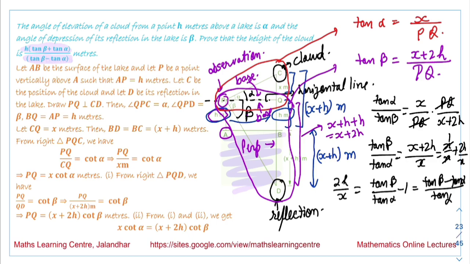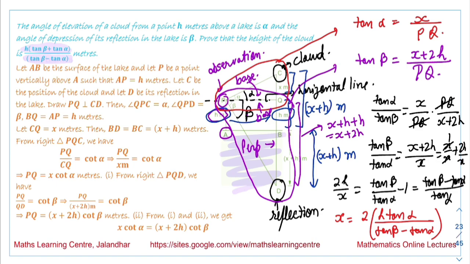Now we want to calculate the value of h. So the value of x that we get from this is equal to 2h tan alpha over tan beta minus tan alpha. So this is the value of x that we are obtaining.